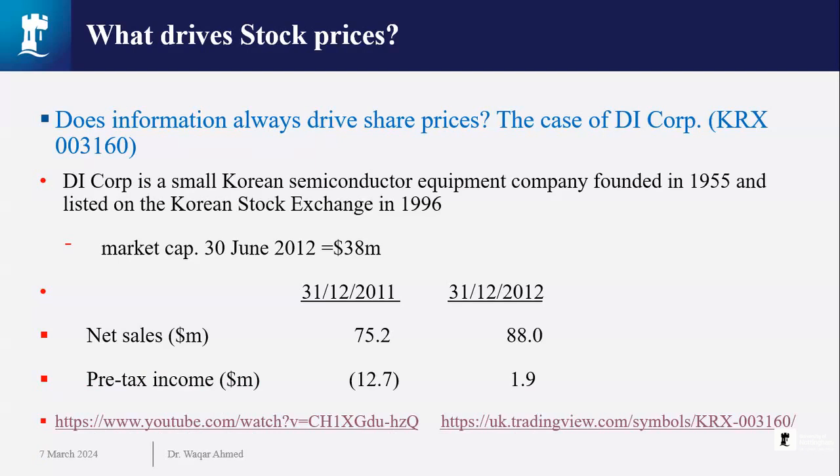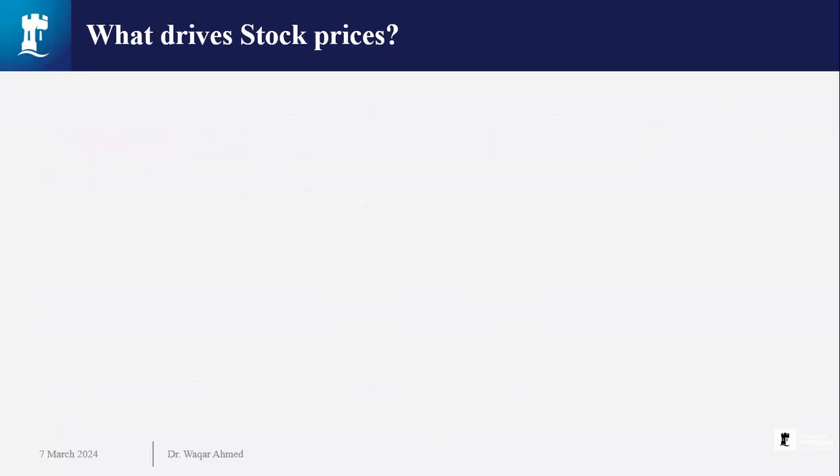And if you look at pre-tax income and compare it to the previous year, the company had a loss of 12.7 million, and by the end of 2012, it had a profit of just 1.9 million, right? So that's the context of this company, a small Korean company that deals in semiconductors.